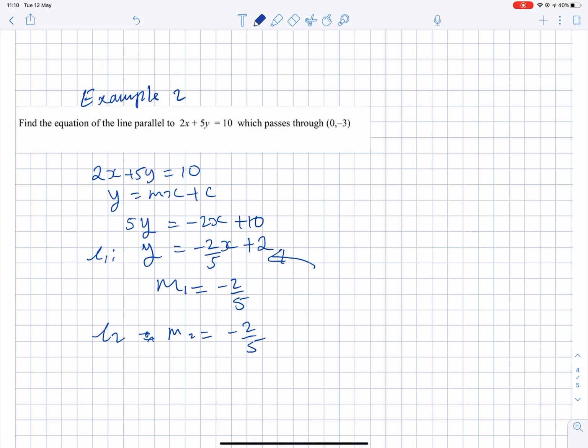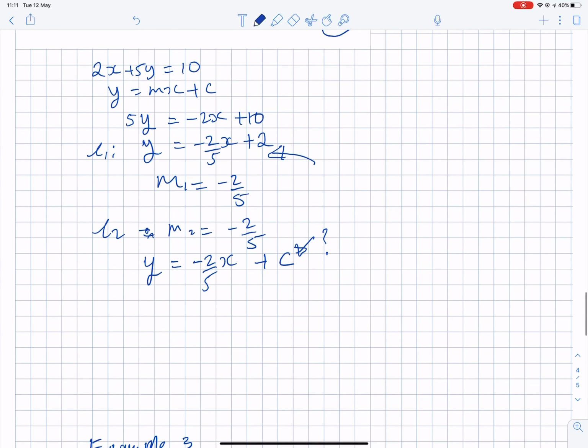So all I need now is to use the coordinate which I'm given for the other line to find the y-intercept. I could write this L2 to start with as y equals negative 2 over 5 x plus c. Well, you can't just leave it like that. You need to find what c is. That's when you need to use the coordinate.